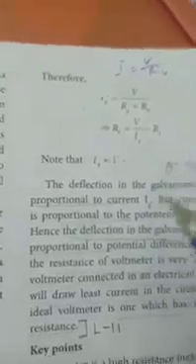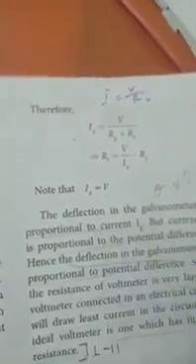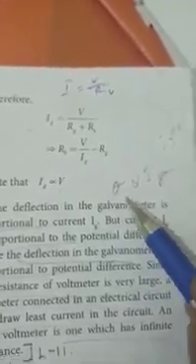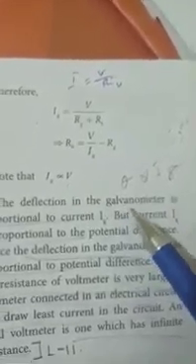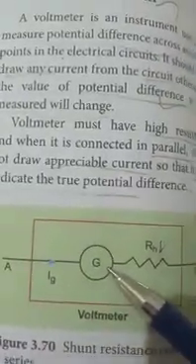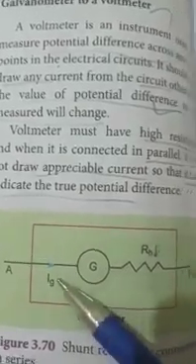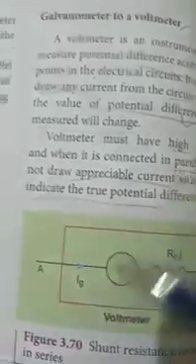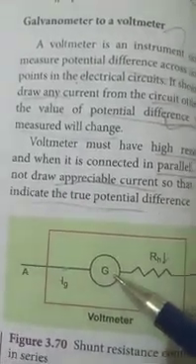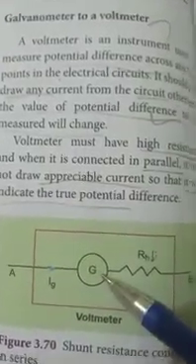Here the deflection in the galvanometer is proportional to the galvanometer current Ig. But the galvanometer current is proportional to the potential difference.